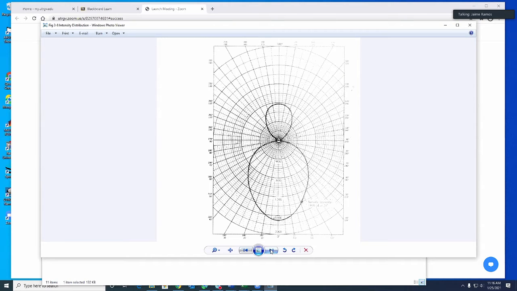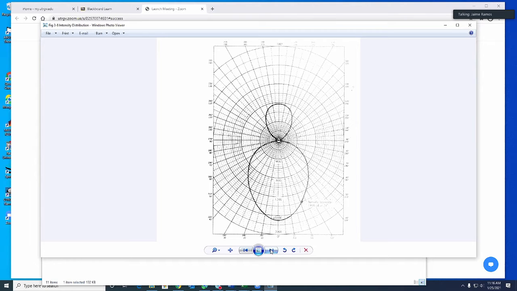So we have two coordinates, the distance and the angle. The distance is going to be 400, 600, 800. That is going to be the illuminance in foot candles.